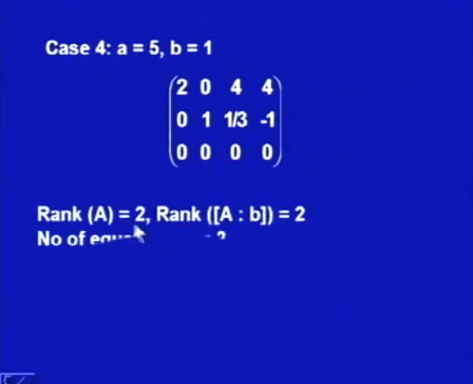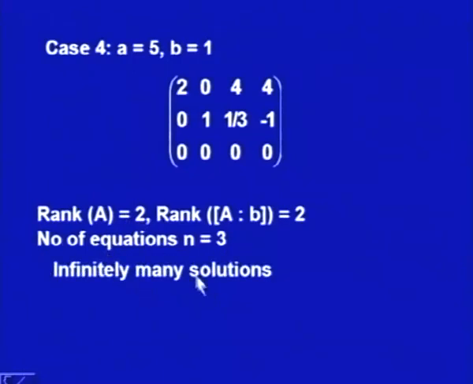So rank of A is equal to 2, rank of A colon B is equal to 2. That means this system may have a solution. It is not inconsistent, it is a consistent system and it will have a solution, but since the number of equations is 3 and rank of A is less than 3, a unique solution is not possible, and in fact this system will have infinitely many solutions.